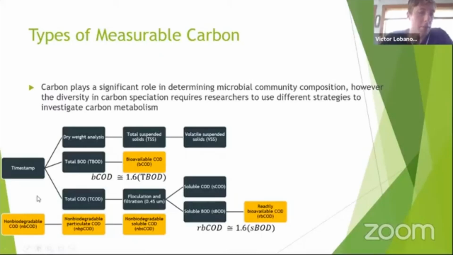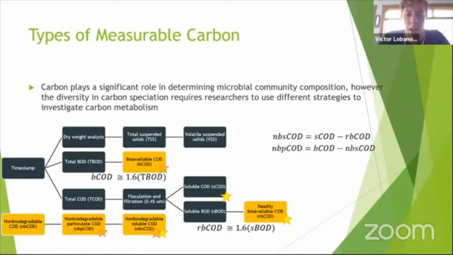And we can also measure the amount of non-biodegradable soluble carbon. There are different formulas that relate these sample metrics together. We can look at the amount of non-biodegradable particulate carbon, and then from those two, we can measure the amount of non-biodegradable carbon in the sample. So we can't really say what exactly is being secreted by the plant and in what concentration and what role it does, but at least we can look at it from other perspectives.